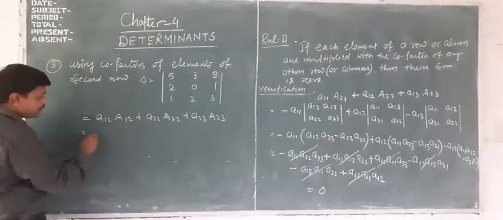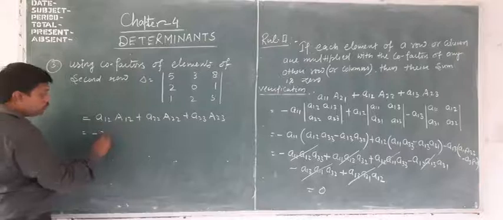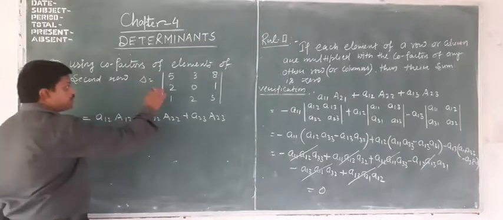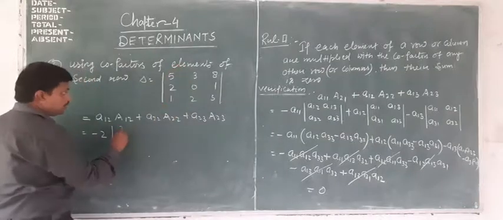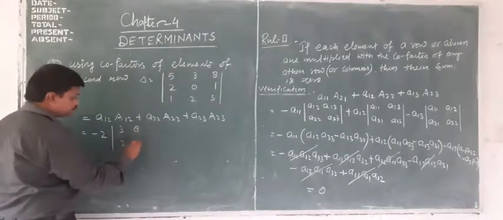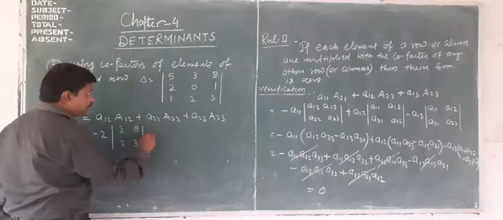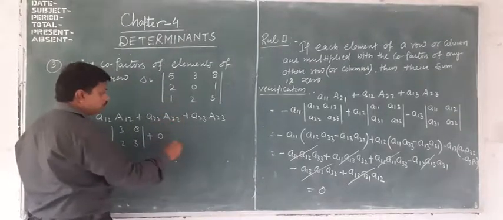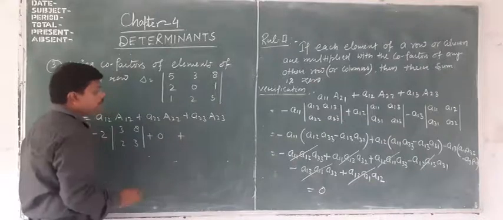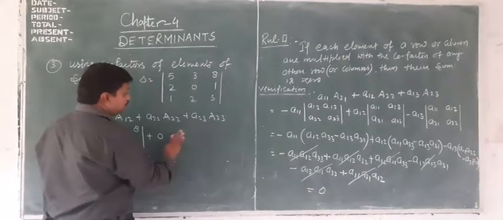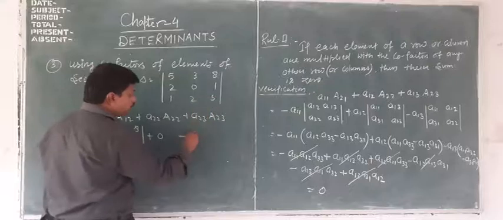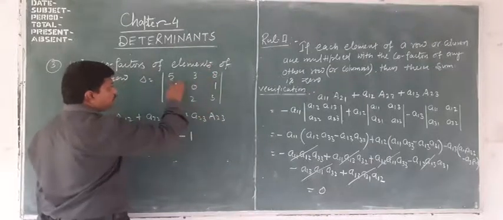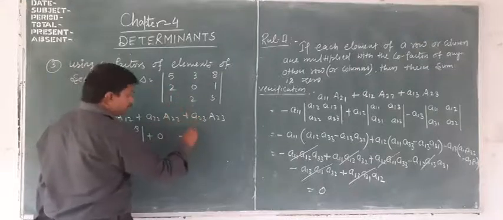Cofactor of this is negative, and the value of this is 2, and the cofactor is, deleting that row and that column, 3 8 2 3. This is positive, so 0; due to 0 this whole quantity becomes 0. Plus a23, again negative, 1, negative due to this row and this column, 5 3 1 2.